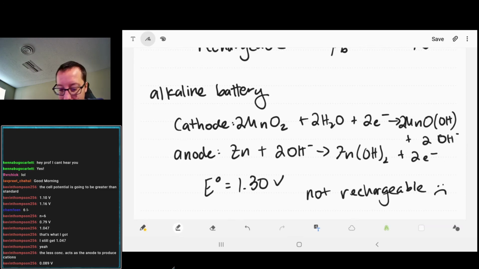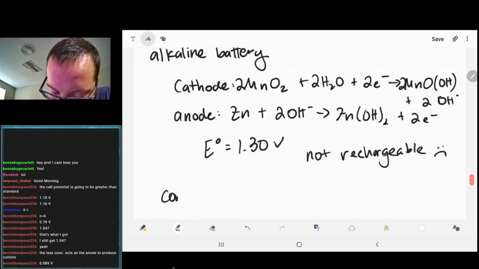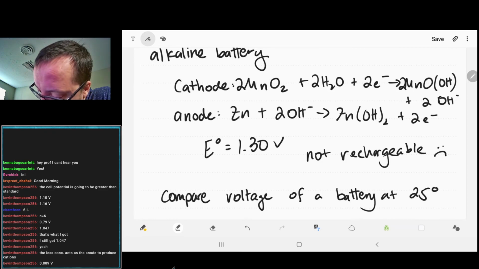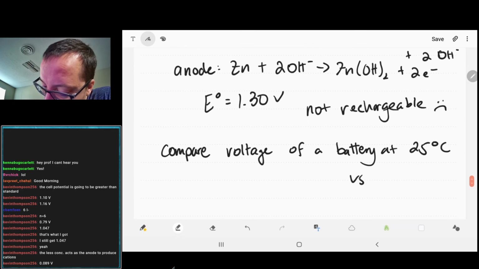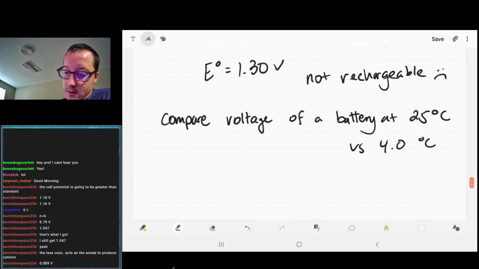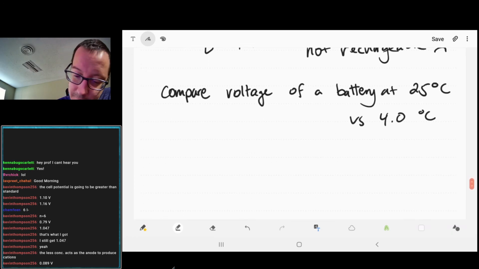Let's compare the voltage of a battery at room temperature versus non-room temperature. Let's do this just for fun.